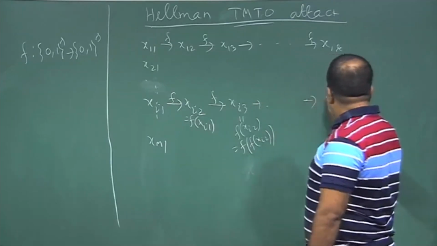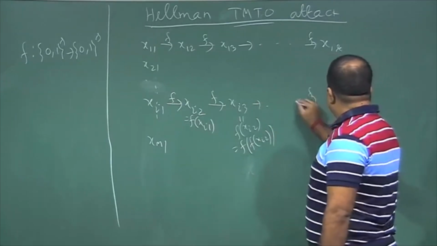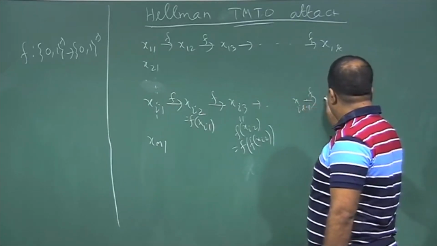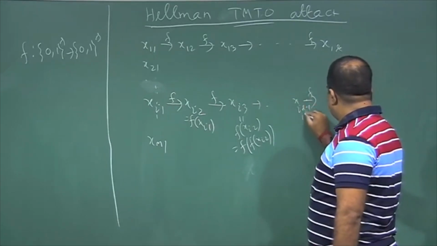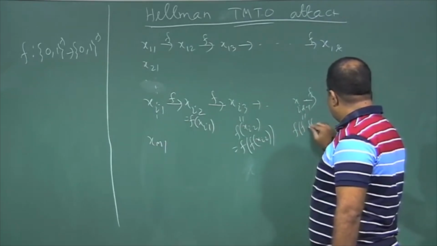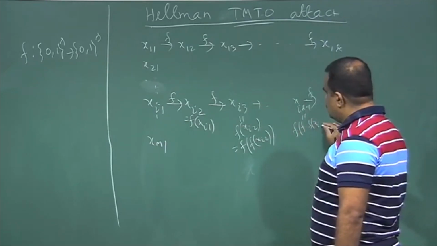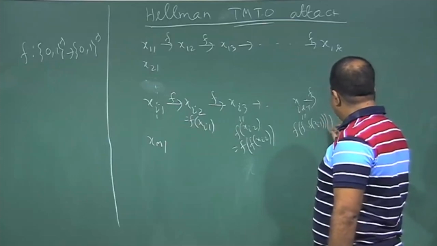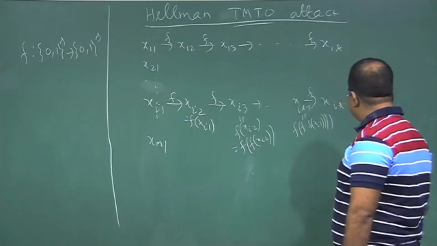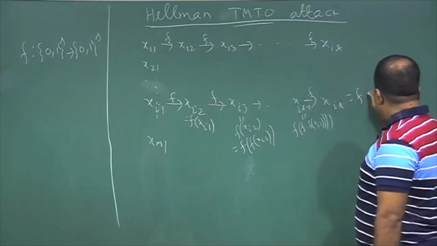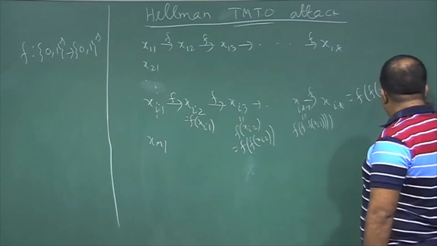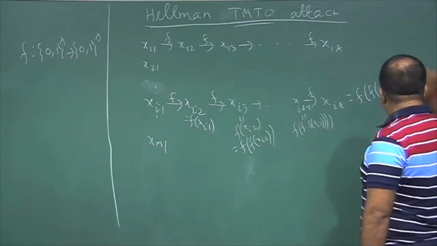So, we get f of xi(t-1), and then xit, which is nothing but f applied t times on xi1.